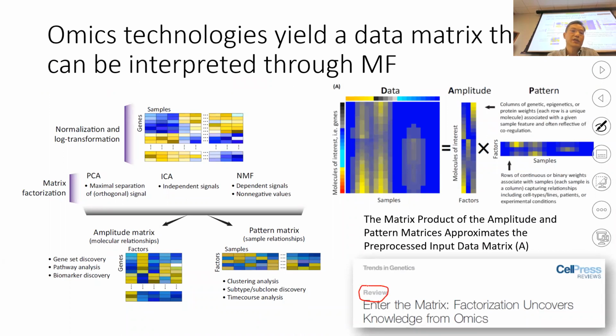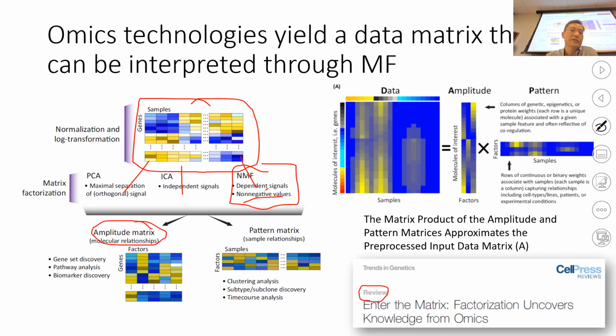You can have a matrix observed. You can use PCA or NMF, especially when you have dependent signals and non-negative values in your matrix. You decompose them into what is called an amplitude matrix and a pattern matrix.